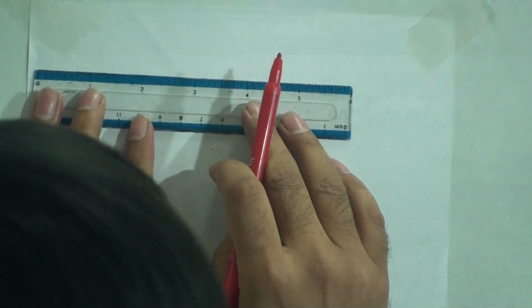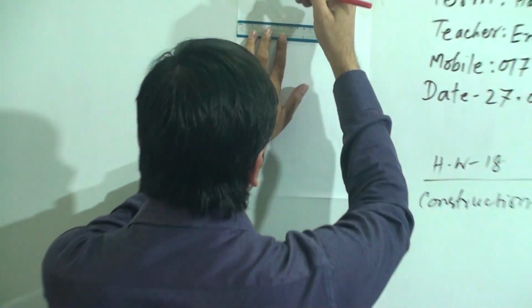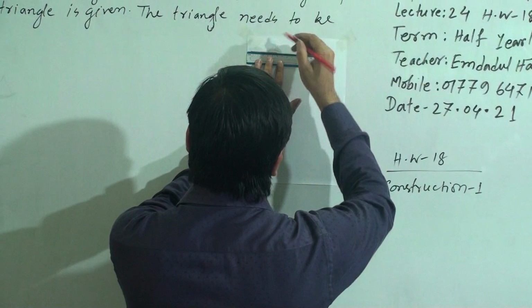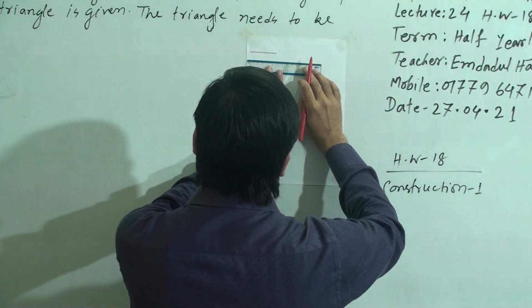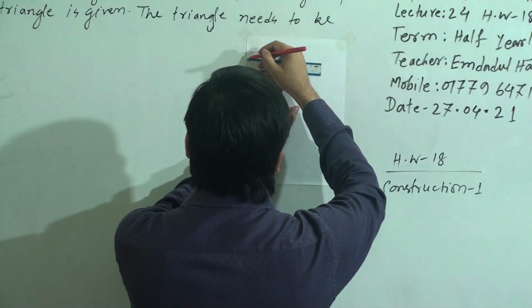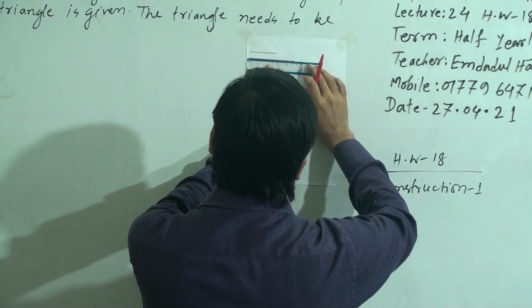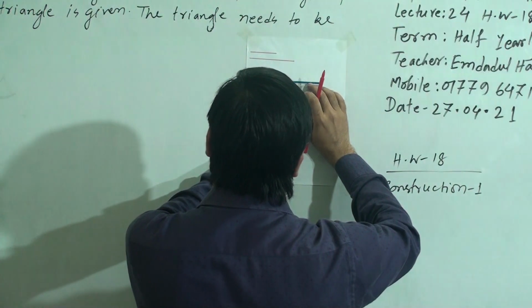Now see what is given here. The base is given, so we can draw the base here. Suppose this is the base, and this is the sum of the other two sides, and here is another given, the vertical angle.